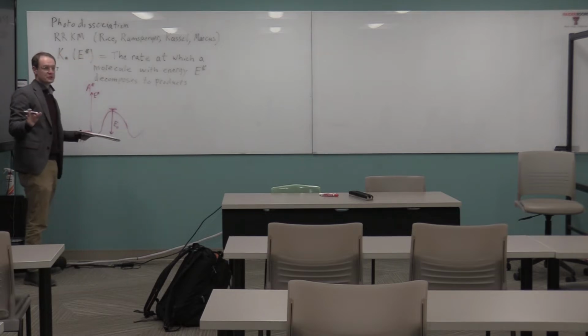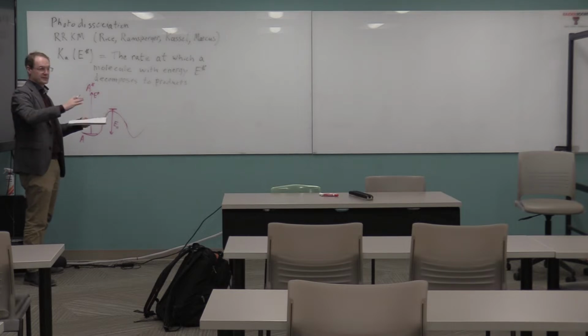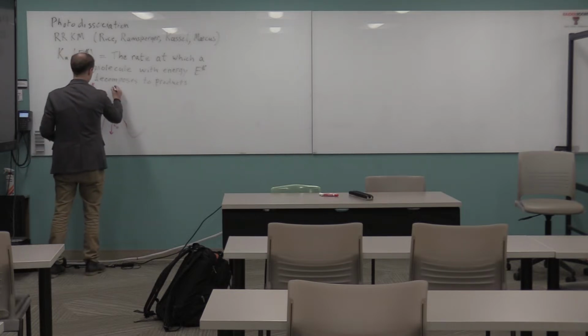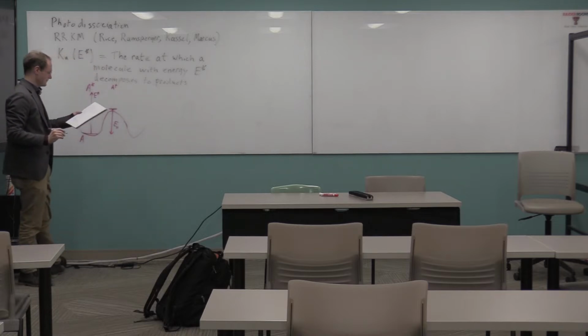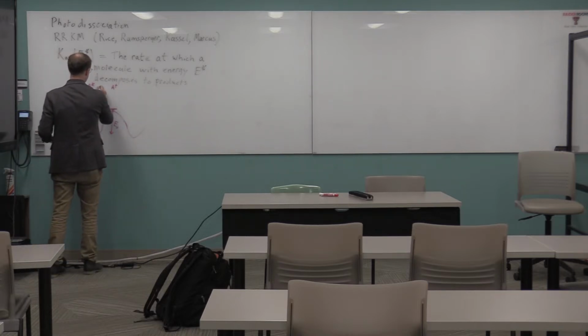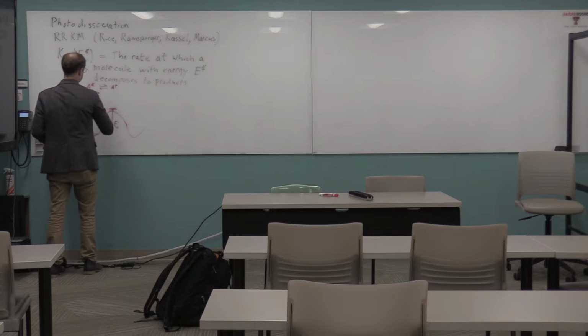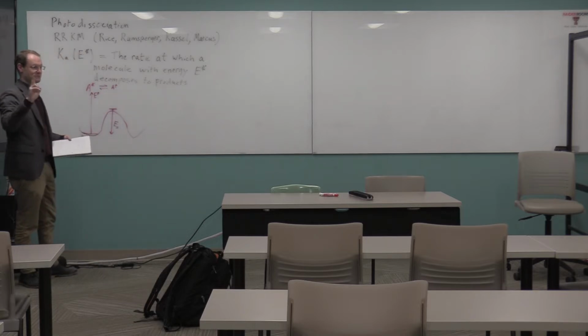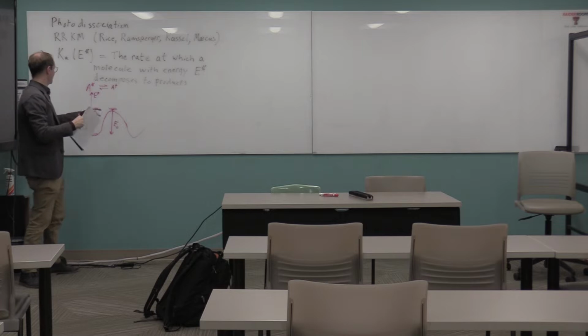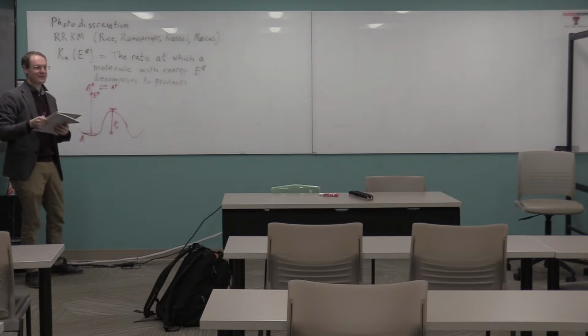And so similar to transition state theory, we're going to say that there's some sort of activated complex that's above this barrier. It's typically called A+. Okay? And just like in transition state theory, we're going to say there's some sort of, quote-unquote, equilibrium between A+ and A star.